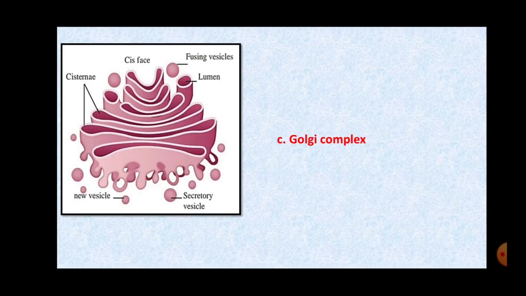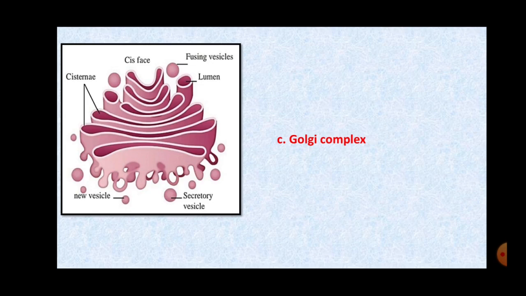Then what are the functions of this Golgi complex present in the cell? Now it is the secretory organ of the cell. As I said, it is also called the packaging department because here the enzymes, mucus, proteins, pigments, whatever are synthesized in the cell, they are packed and dispatched, sent to the different locations.